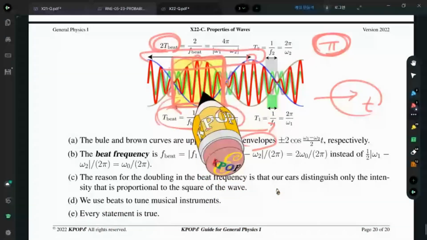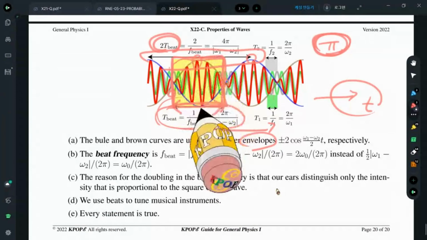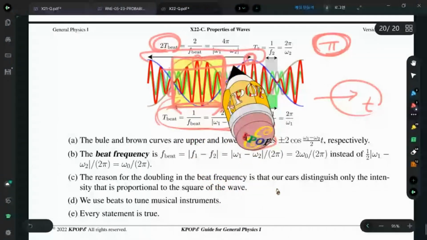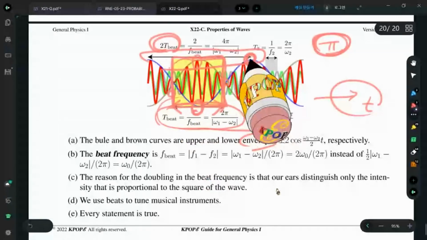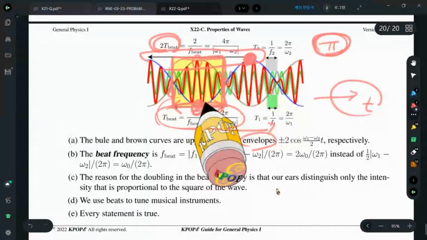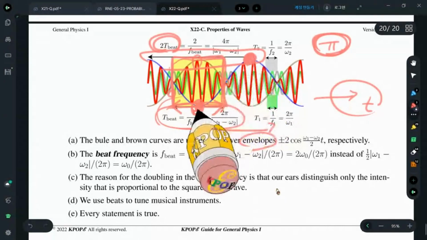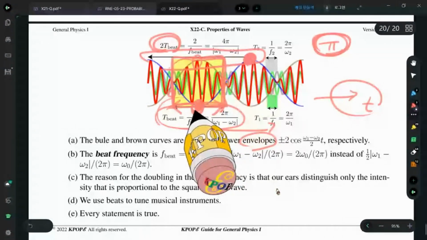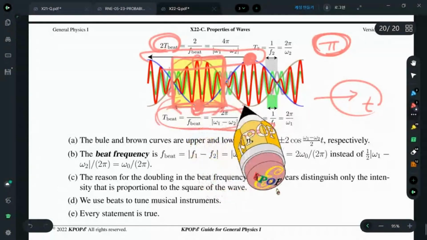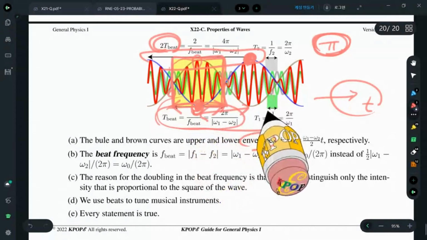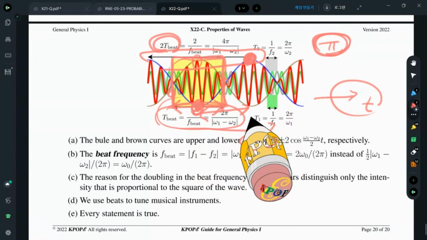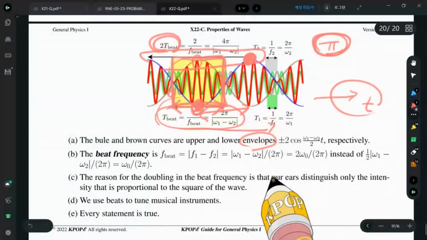Our ear only notices the magnitude of the sound. The sign of this part, this sound, we do not distinguish. So that's the reason why our ear notices this one as the period of the beat frequency. Okay, that's it for today.